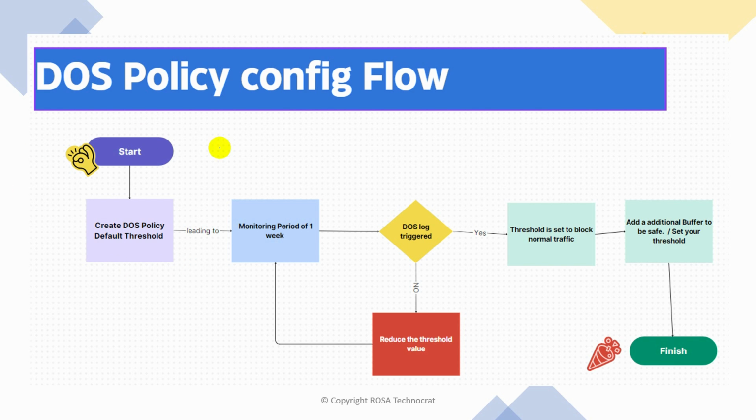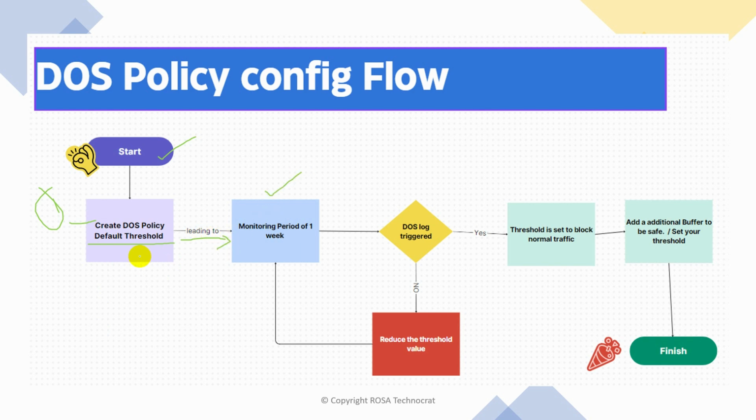Let's talk from a flow perspective. You thought of configuring the DOS policy. The first thing you have to do is create a DOS policy with the default threshold, whatever the default threshold is on the policy. This leads to a monitoring period.